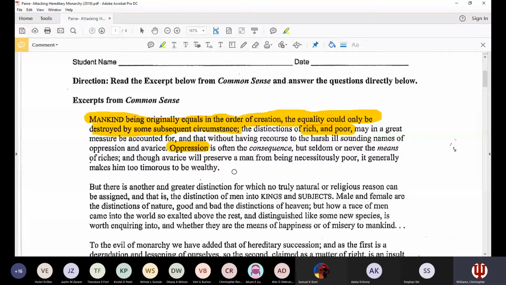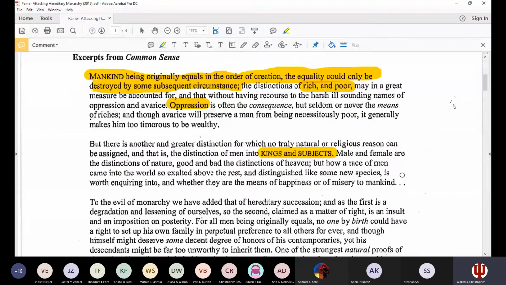Let's look at the second paragraph here. This gives you a little bit more idea. King and subjects, he's really critical of this because he says right now, there's never been a bigger discrepancy between a king and his people. King's up here, his followers are down here.